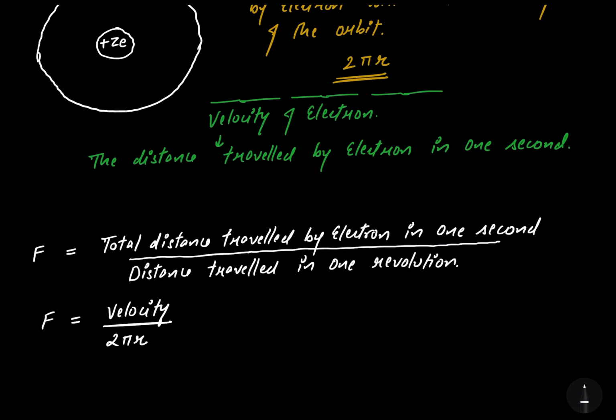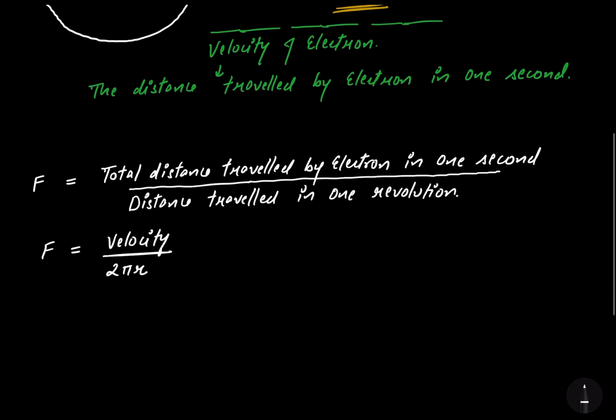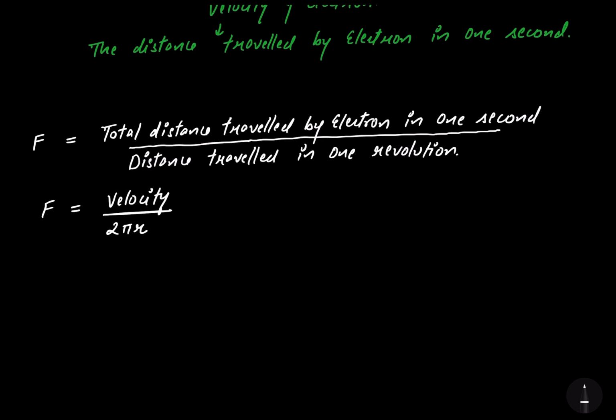So this was the frequency. The frequency is obviously the ratio of velocity and the circumference of the orbit. So it's velocity divided by 2 pi r, the number of revolutions made by electron in 1 second. Now let's talk about the time period of revolution.